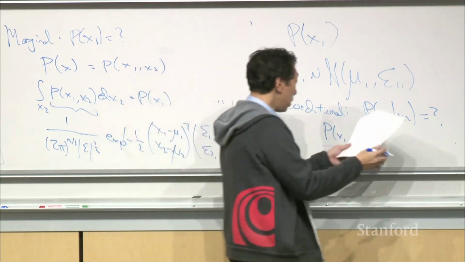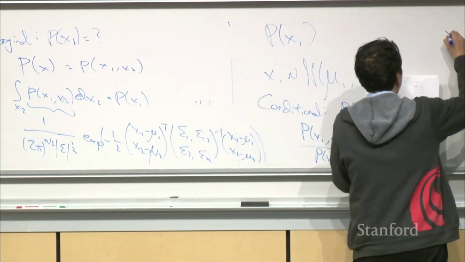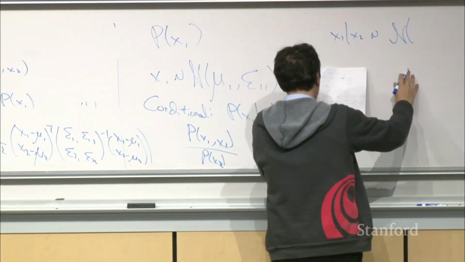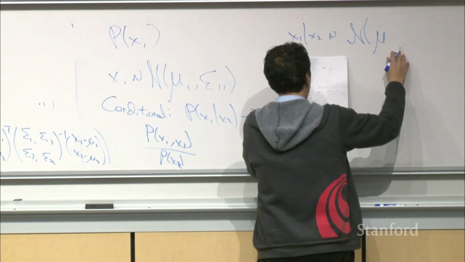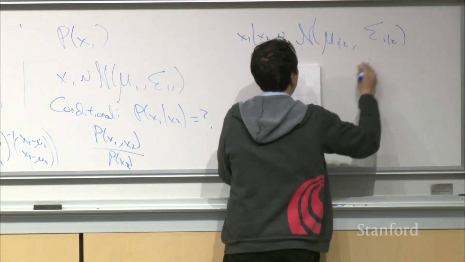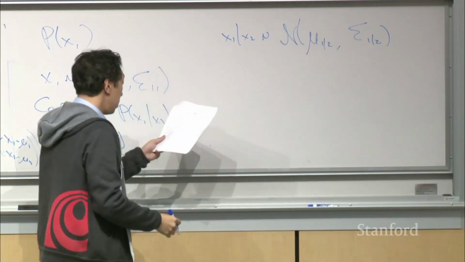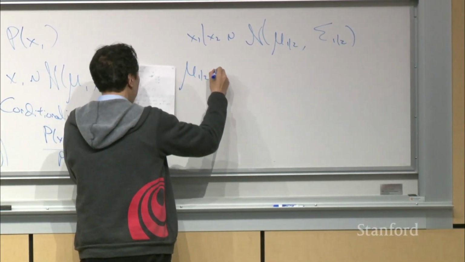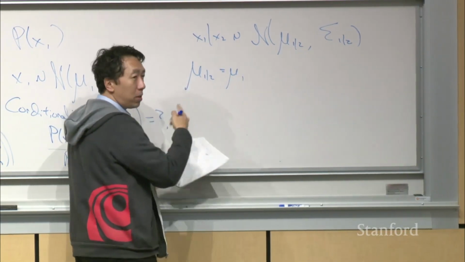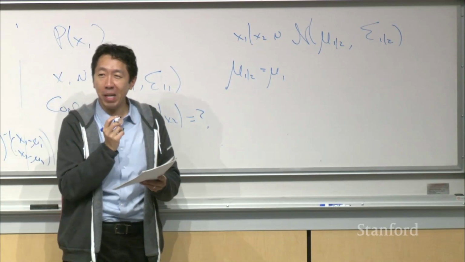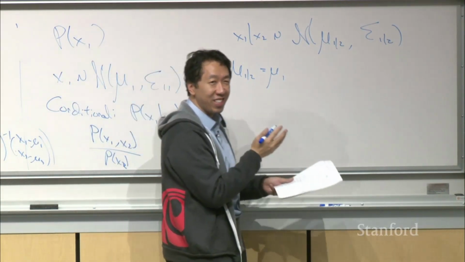It turns out you can show that x1 given x2 is itself Gaussian with some mean and some covariance, which I'm going to write as mu of 1 given 2 and sigma of 1 given 2. This is one of those formulas that I don't manage to remember, but every time I need it, I just look it up. It's written in the lecture notes as well.